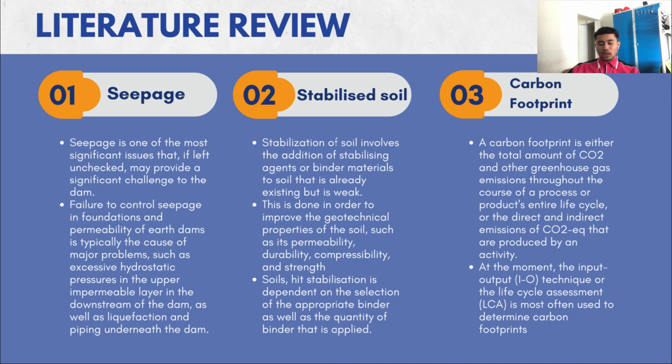So fine grain granular material are simplest to stabilize because they have a high surface area in comparison to their particle diameter. So this type of soil stabilization is dependent on the selection of the appropriate binder as well as quantity of binder that is applied.